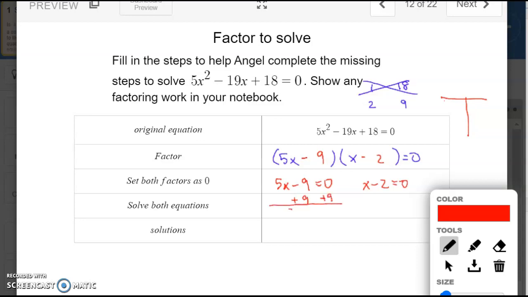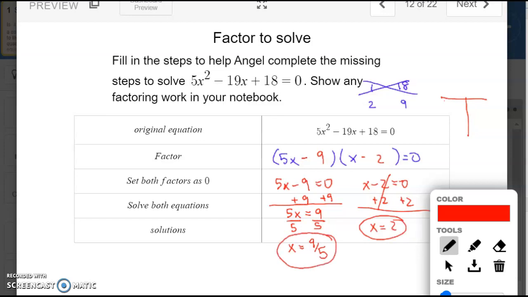That gets me 5x is equal to 9. Divide both sides by 5, and I get x is equal to 9 over 5 on the one hand side. Or x, you add 2 to both sides, and that leaves me with x is equal to positive 2. So I have two solutions, x is equal to 2 and x is equal to 9 over 5.